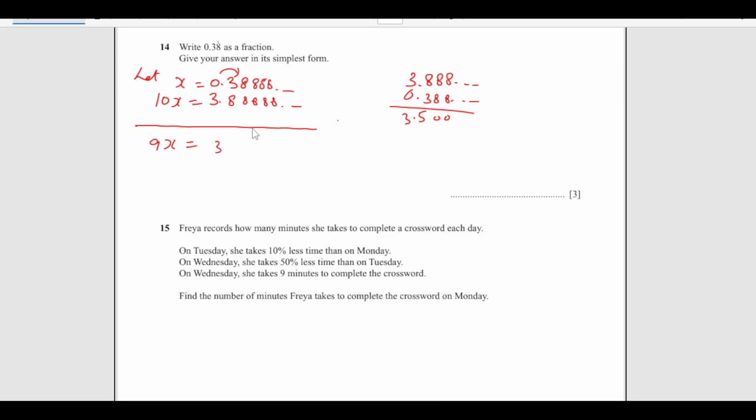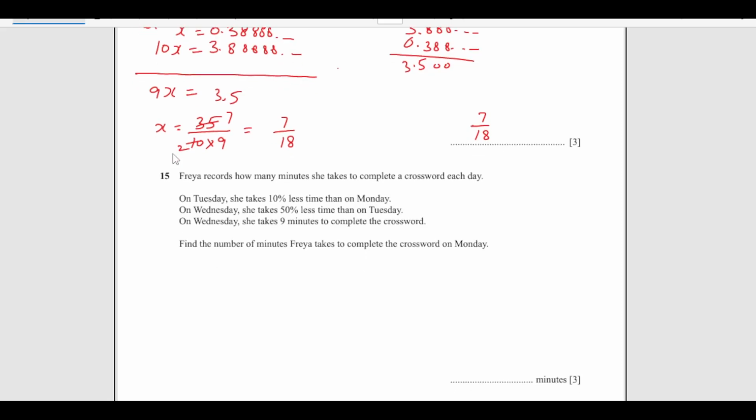So this is going to become 3.5. So x is going to be 3.5, that is 35 over 10 times 9 comes over here. Now we can just simplify this. This is 5 times 7, 5 times 2, this is 7 over 18. 7 over 18 is the final answer, right?